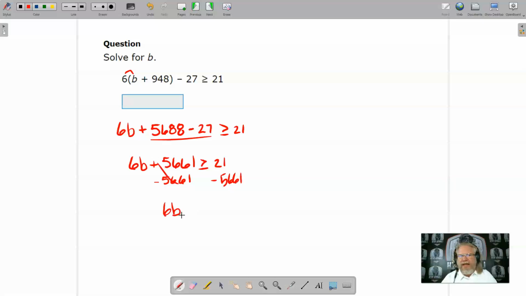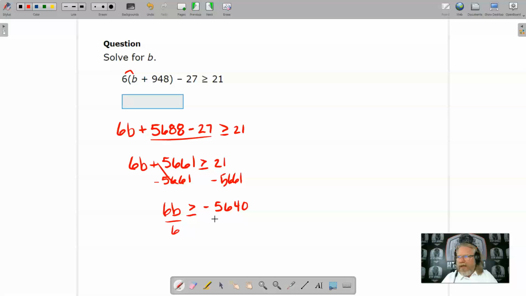And I always dislike the variable b, especially because it looks like a 6. That looks like 66. And greater than or equal to, and then 21 in my calculator. I'm just going to do 21 minus, and then I hit that neat shift button, the answer. So I actually did the subtraction there using the calculator, and I get a negative 5,640.